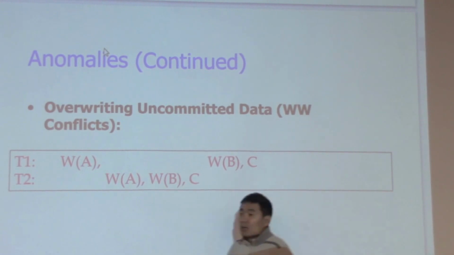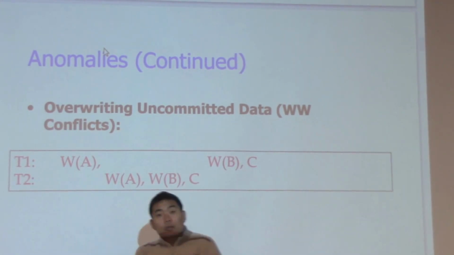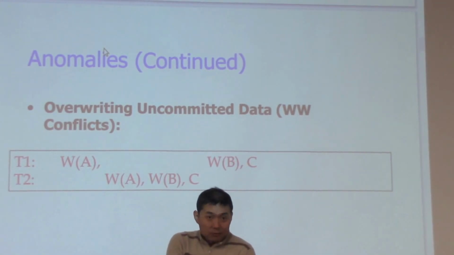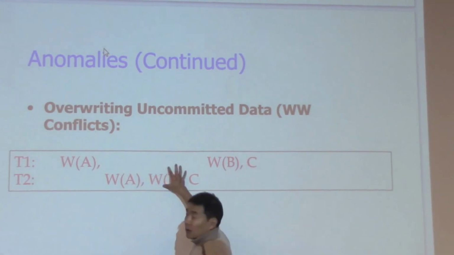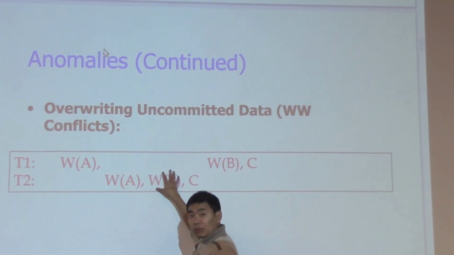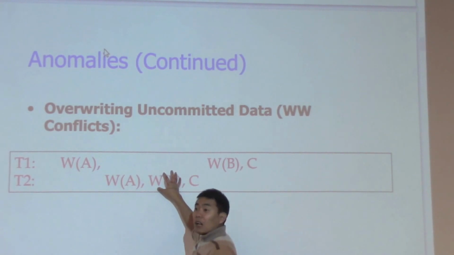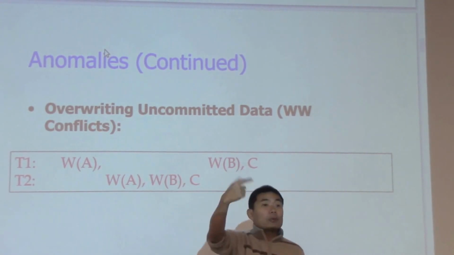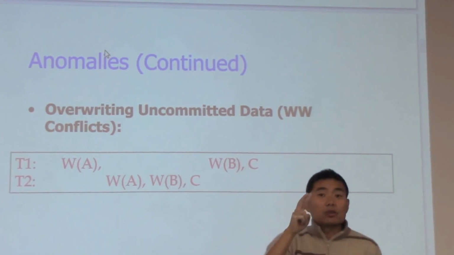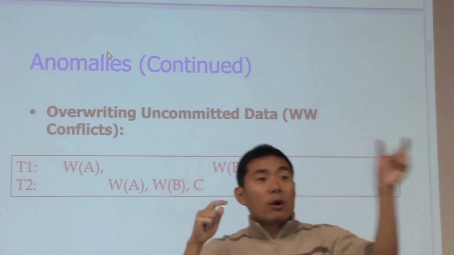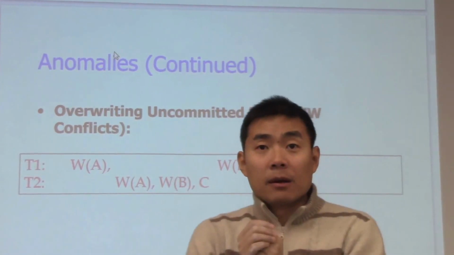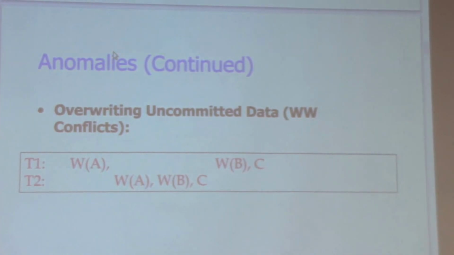Why? Because if you allow WW conflict to exist, what's going on here? This particular schedule is not going to be equivalent to any of your serial schedules. What are the two possible serial schedules here? T1 then T2 or T2 then T1? If you do T1 then T2, what happens?